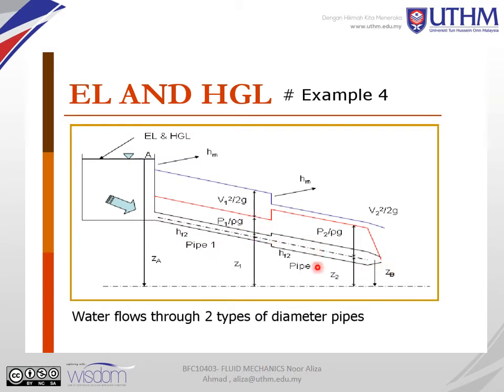The blue line is the EL, which drops at the contraction from pipe 1 to pipe 2 because of HM. For the HGL, the red line increases at this part, and then toward the nozzle it decreases. So this is what it looks like for water flowing through two different pipe diameters.